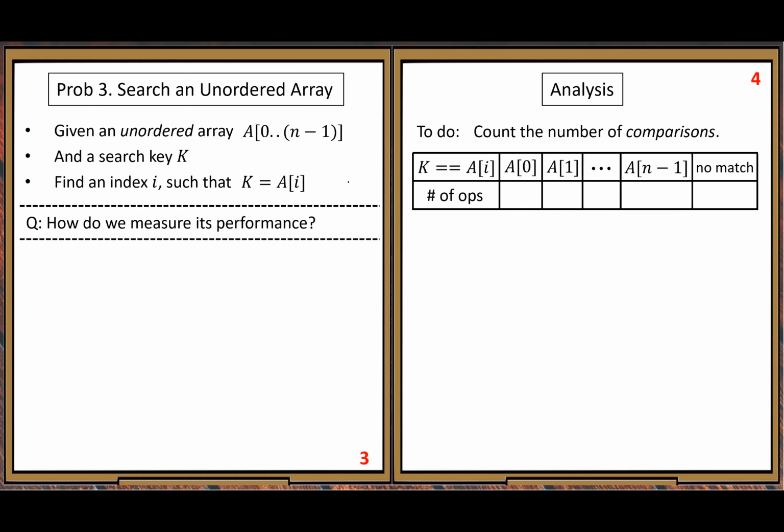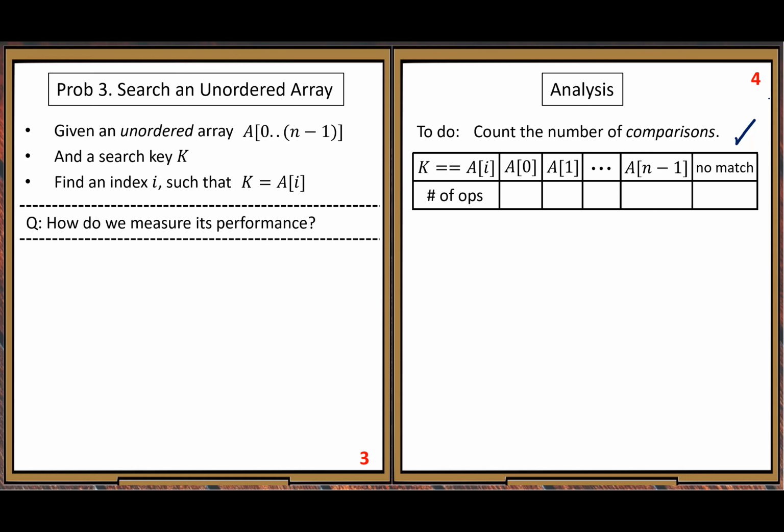Let's list all the cases, but you can see there is another important case, the no match case, which we also consider here. In the previous slide, when I wrote the average case formula, I didn't consider the no match case, right? If you go back to look at that formula, we didn't factor in the no match case. That's one of the reasons that version is not accurate.